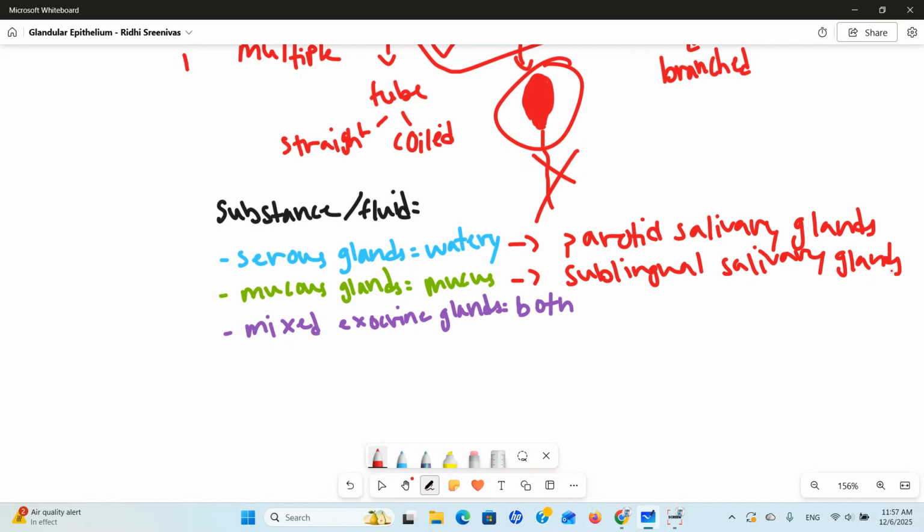And last is the mixed exocrine glands, which can do both types of secretions. An example is the submandibular salivary gland.